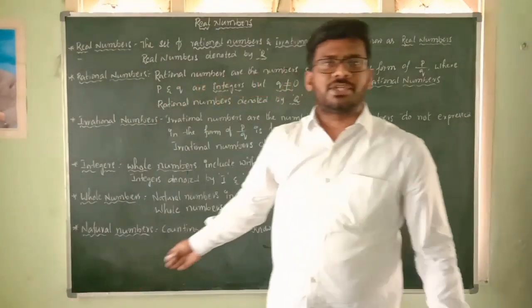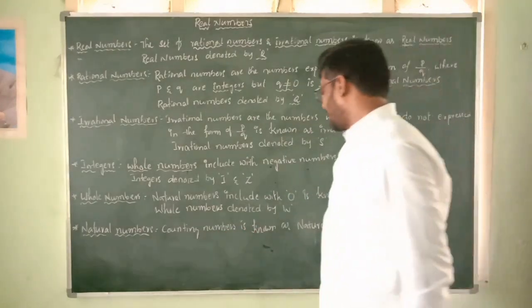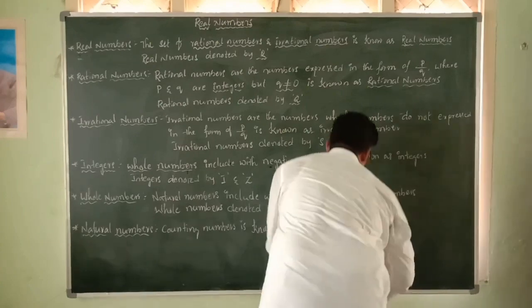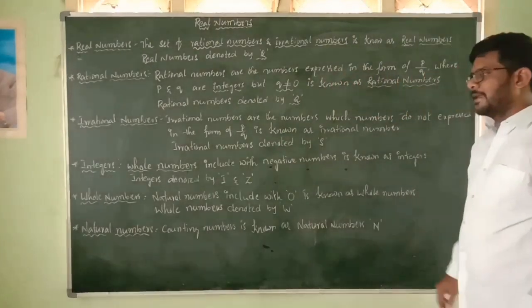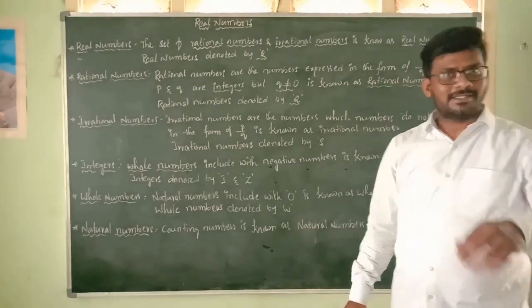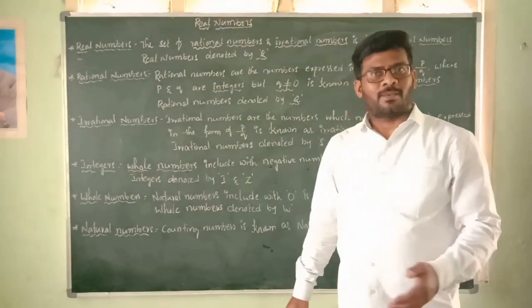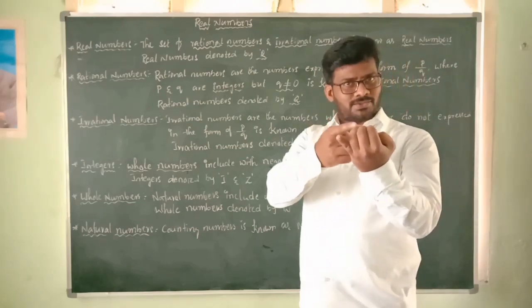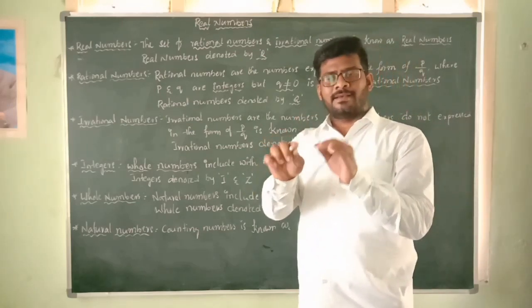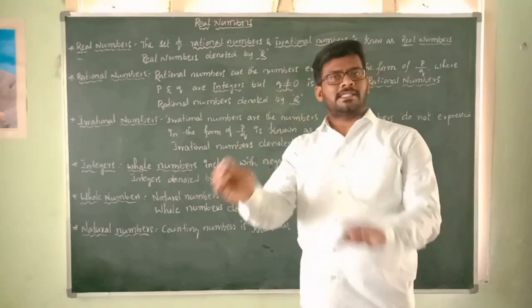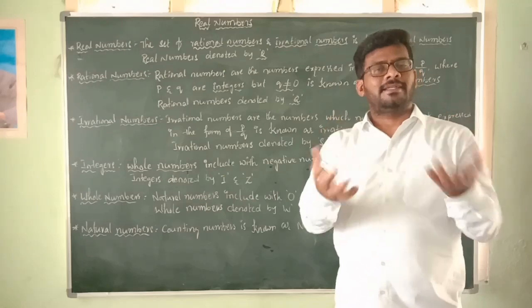These natural numbers are denoted by capital N. Here 0 is a digit. How many digits do we have? 10. What are they? 0, 1, 2, 3, 4, 5, 6, 7, 8, 9. These 10 symbols are known as digits.